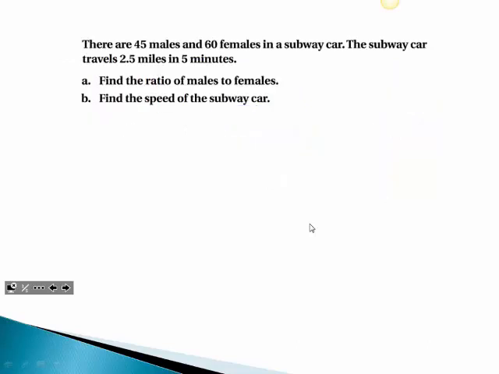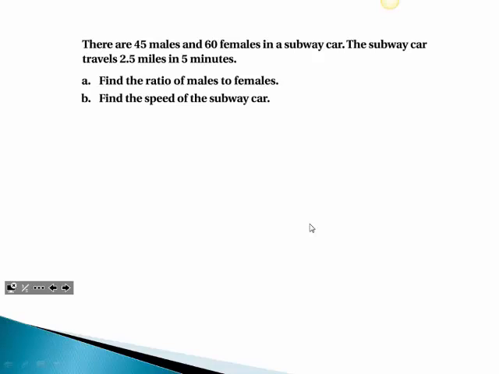All right, first example. There are 45 males and 60 females in a subway car. The subway car travels 2.5 miles in 5 minutes. A says find the ratio of males to females.